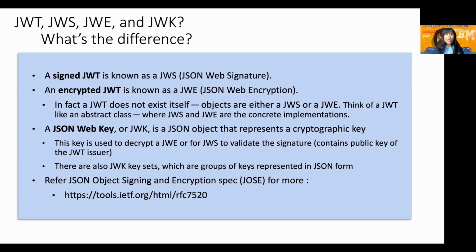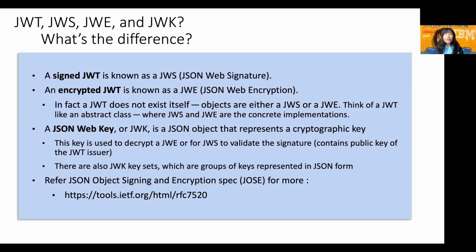And what is a JWK? JWK is the cryptographic key for the public key. As I mentioned earlier, the destination, the receiver, will need to use the public key to verify whether the JWT has been manipulated or not.